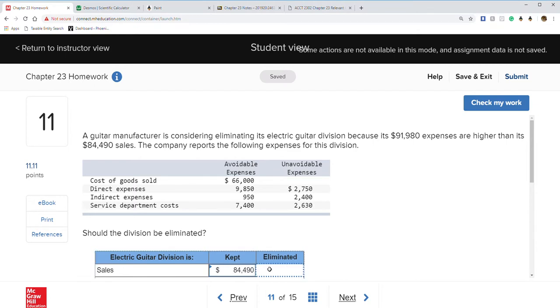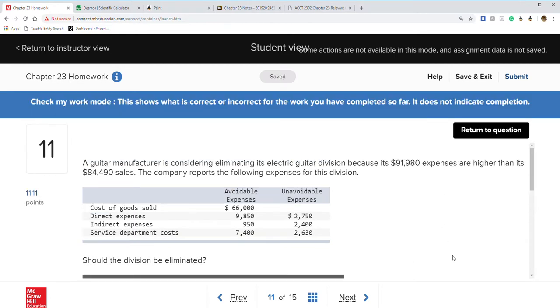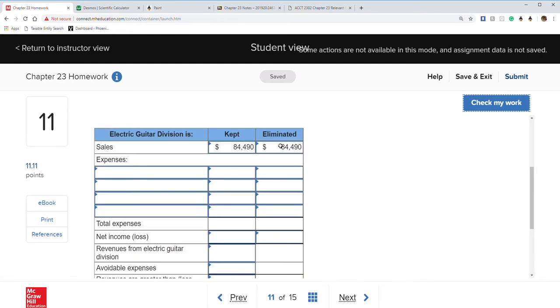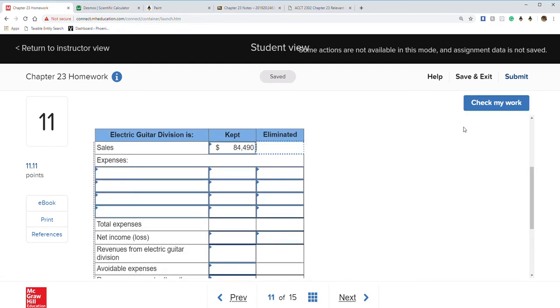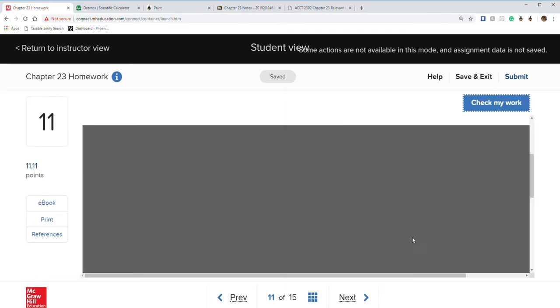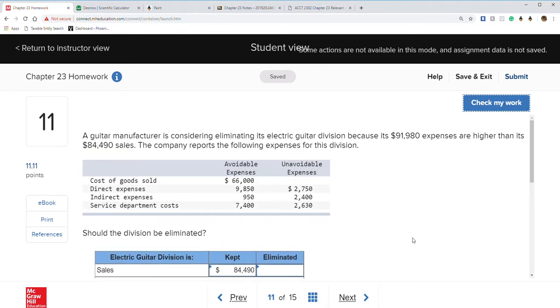If we eliminate it, we eliminate 84,490. Usually that's how it's going to plan out. They don't want us to plan that out though. Good. So delete that, check my work. So far so good. Again, sometimes Connect would want it, sometimes they won't, and that's always the way we have to figure it out.